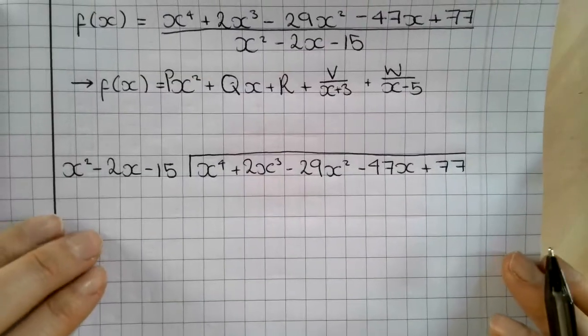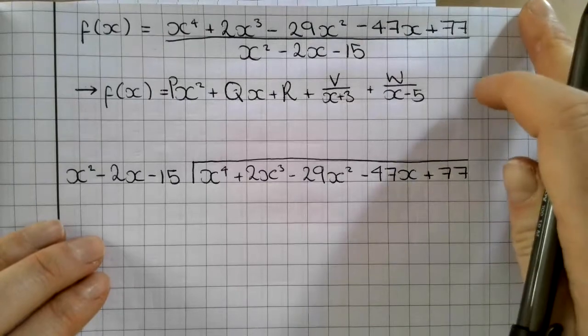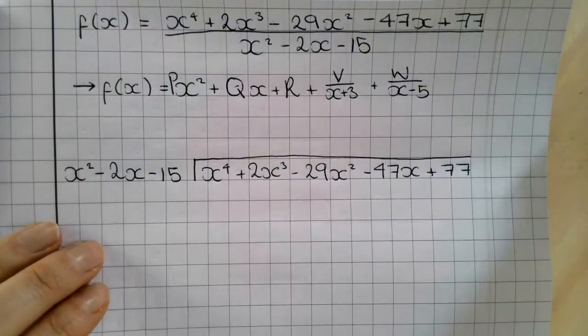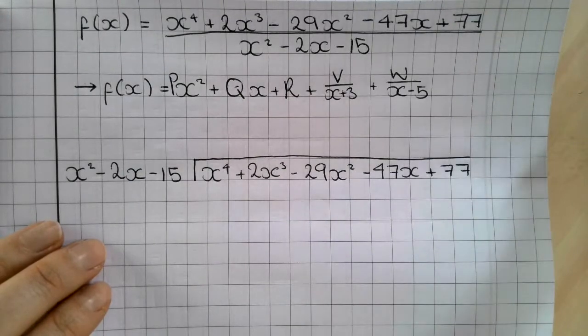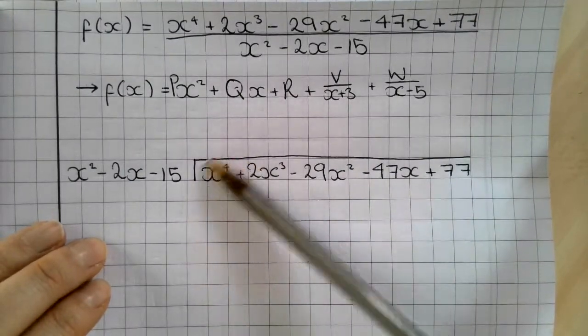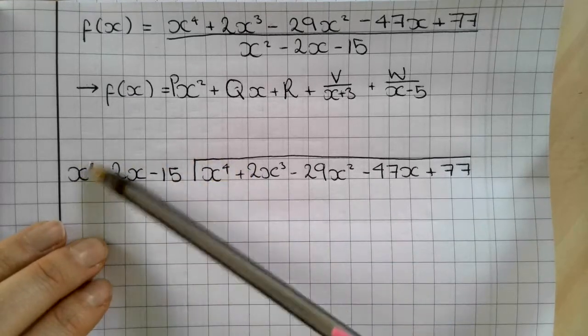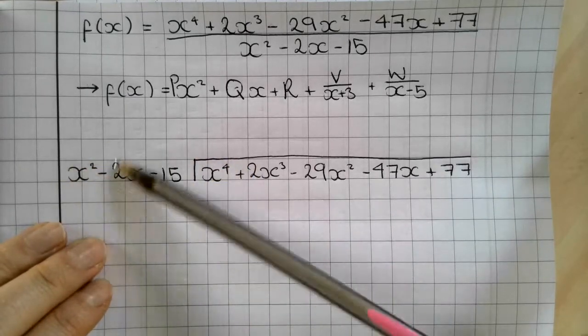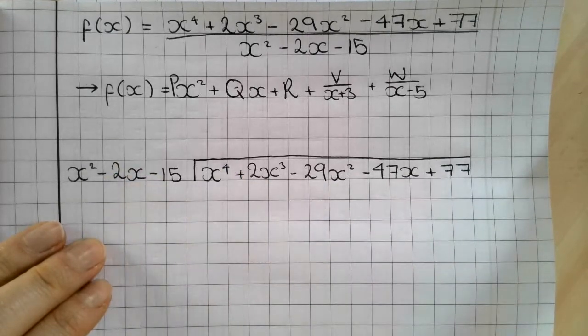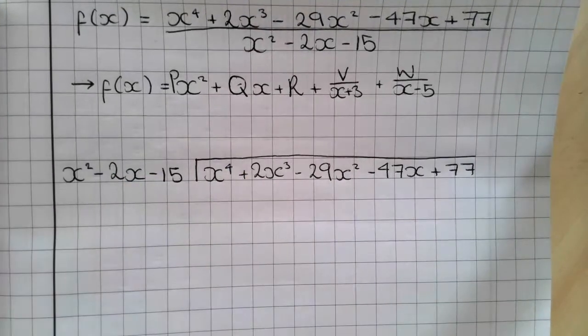From marking your papers, you all did really well on this part, but I am going to go through it anyway. We're going to start by dividing the term with the highest power from inside the bus stop by the term with the highest power from the outside of the bus stop.